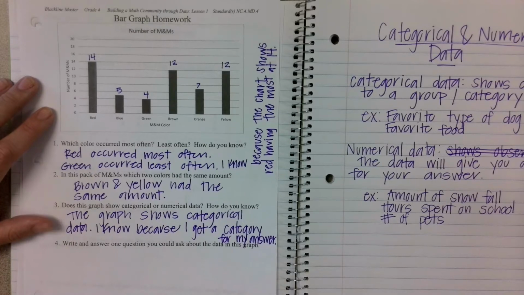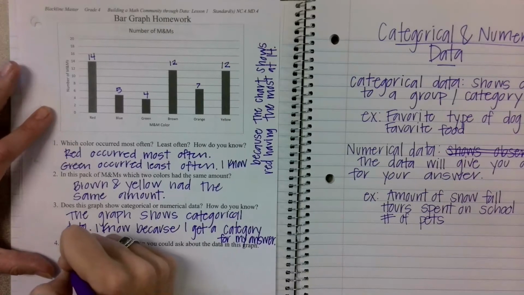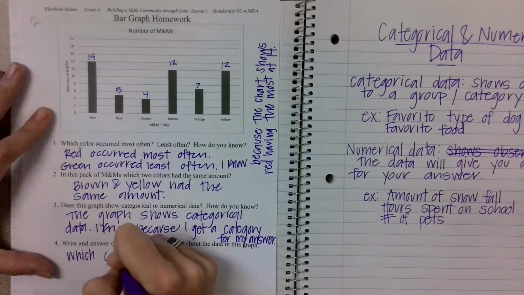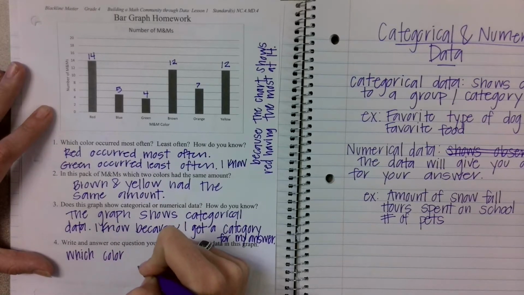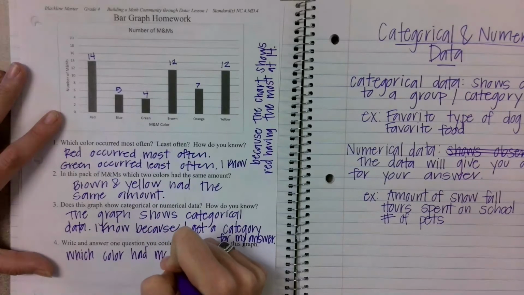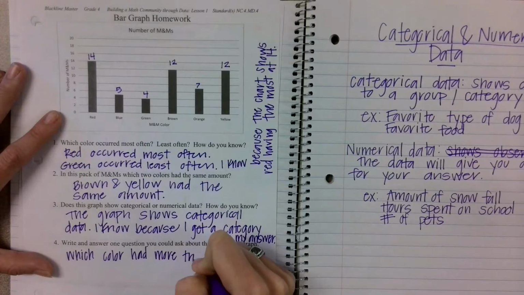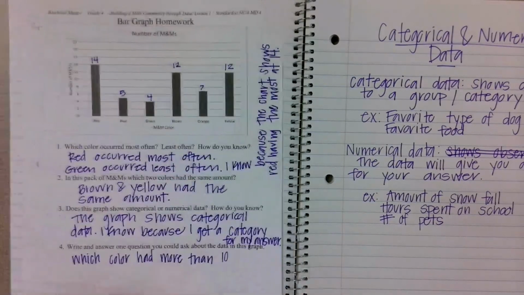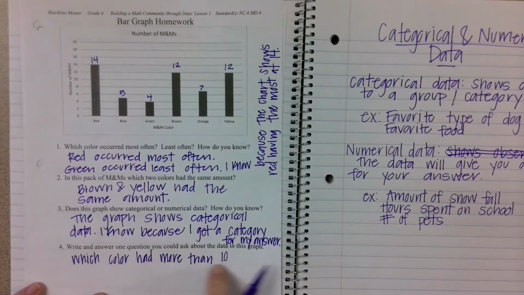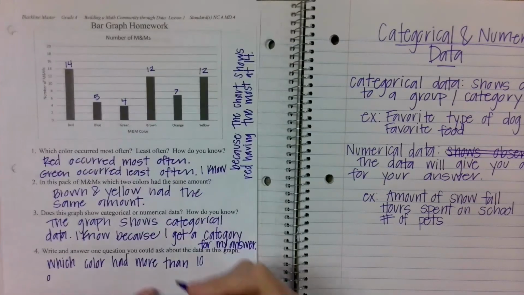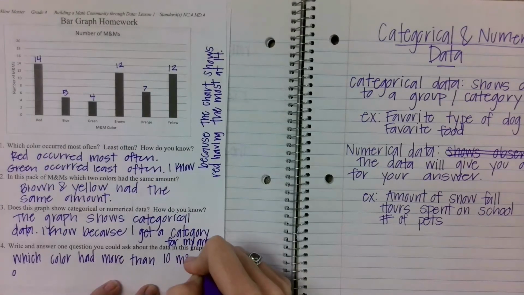So we could say, which color had more than 10? Which color had more than 10? I'll put here M&Ms.